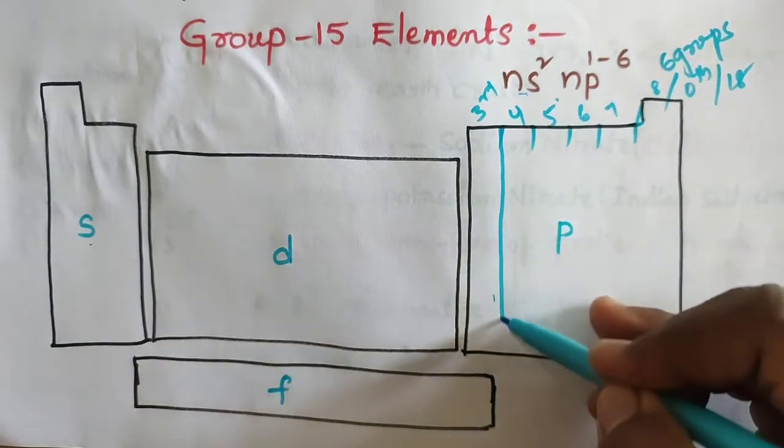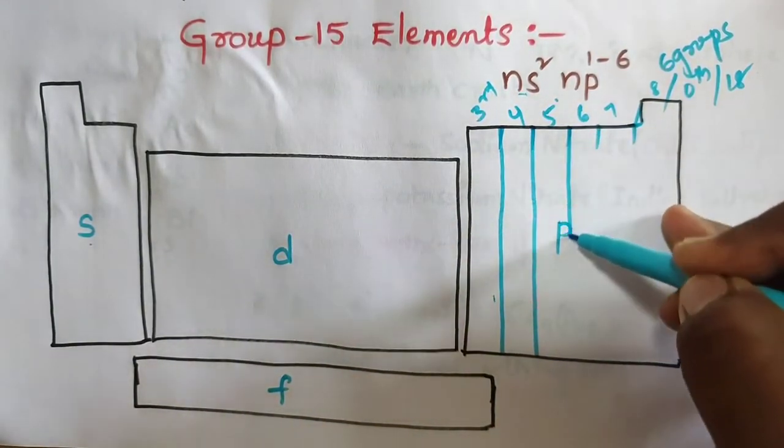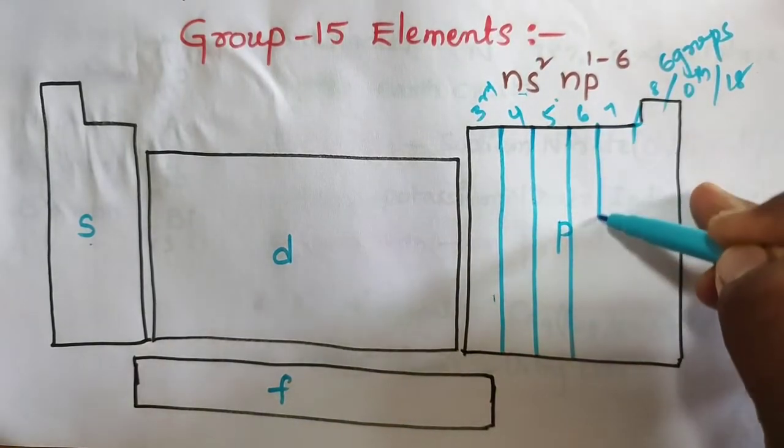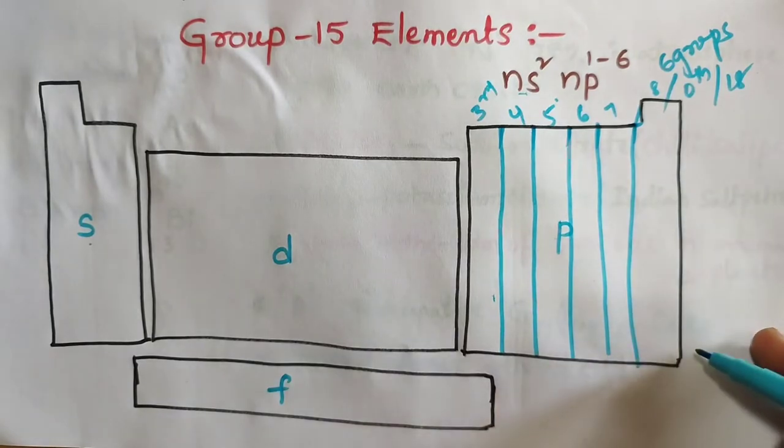In these groups the atomic size increases. Atomic size, ionic radius, covalent radius, all increase from top to bottom.